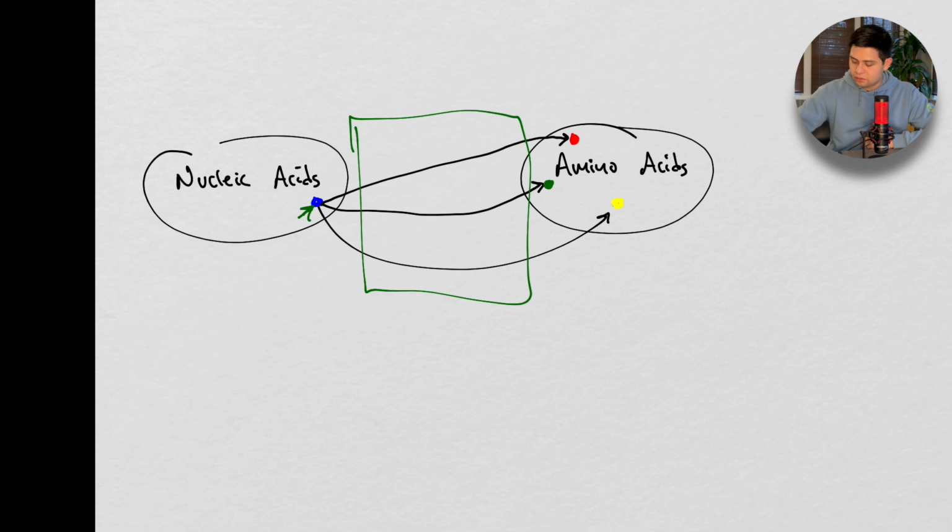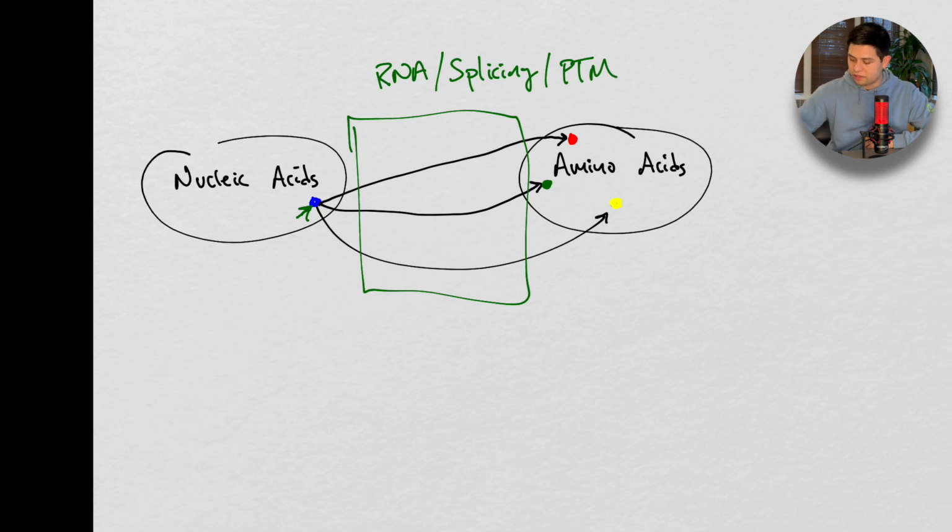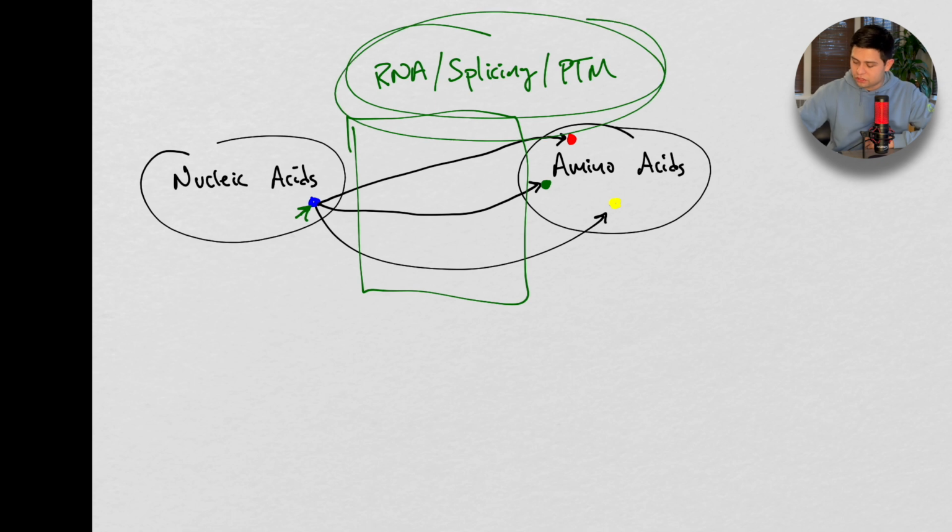And this space here is all the RNA modifications, splicing, post-translational modifications, which I'll just abbreviate as PTM. So all of these guys here are the functions that take us from information space to function space.